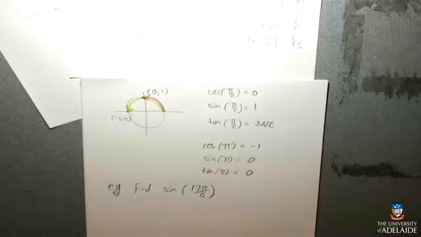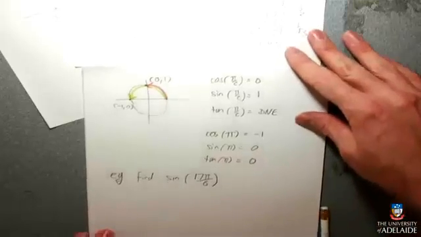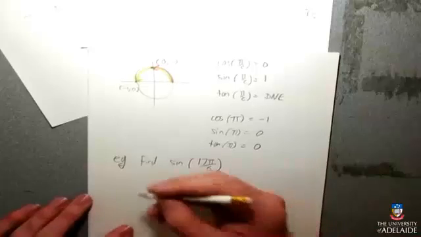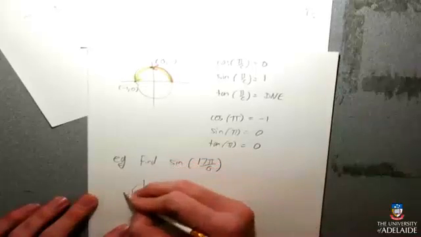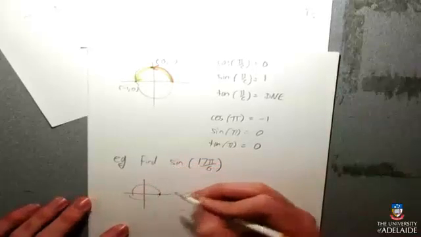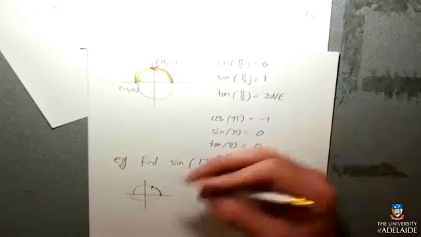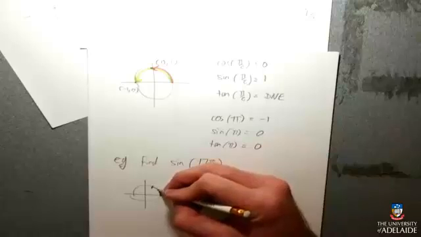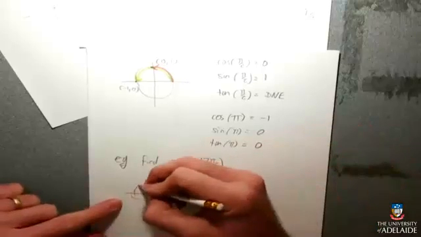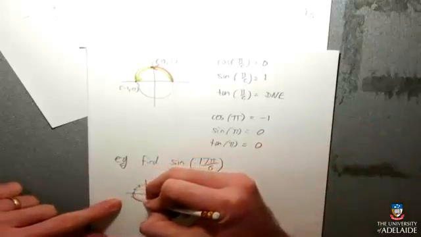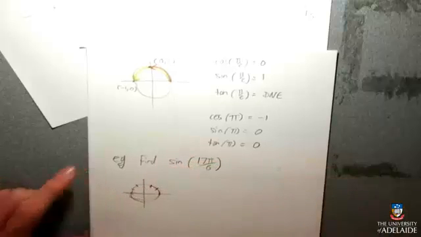So I can imagine 17 pi on 6. All right, well, let's see. That's pi on 6, which is a sixth of pi. So I divide that pi into 6 pieces, like that.